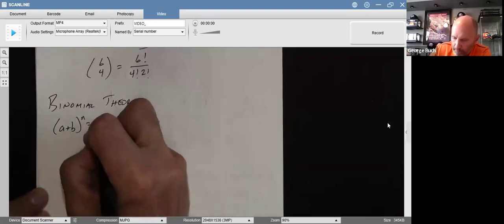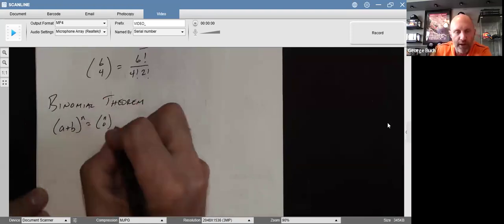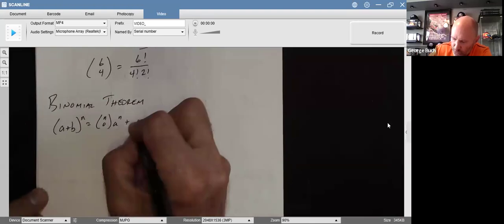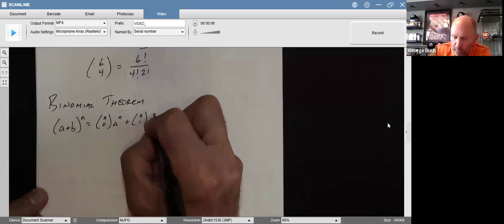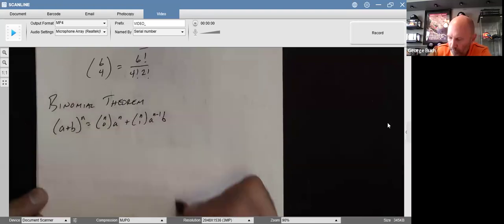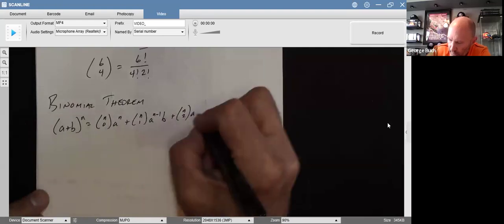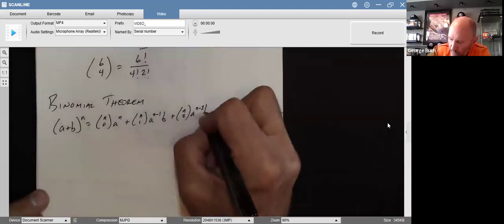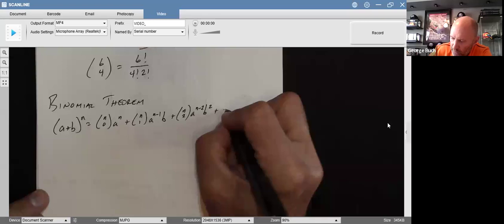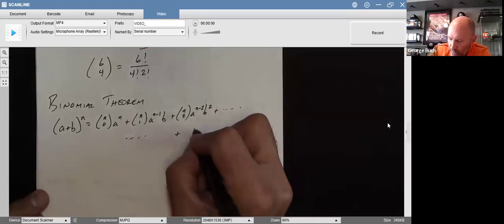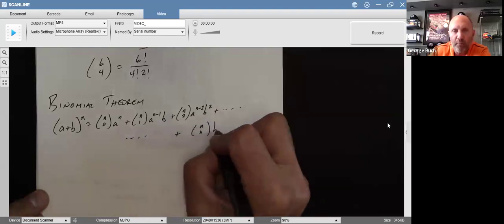choose 0, and then use our facts about a to the n, b to the 0. Then n choose 1, then we know a goes down by 1, b goes up by 1, n choose 2, a to the n minus 2, b squared, etc. This keeps going until we get to the end, which is n choose n, and b to the n power.